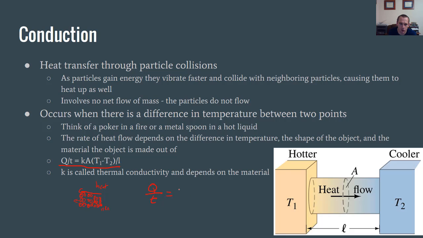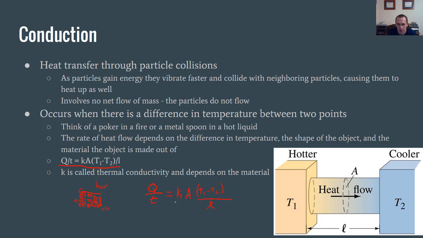And this is equal to k, which is called thermal conductivity, and it depends on the material, times the area of the conducting channel, and then it also depends on the temperatures between them, T1 minus T2, and the length that this thing has to travel, right? So if it's got to go a greater length, it's going to have a slower conduction rate. If it's got a bigger area, then more heat can flow faster.